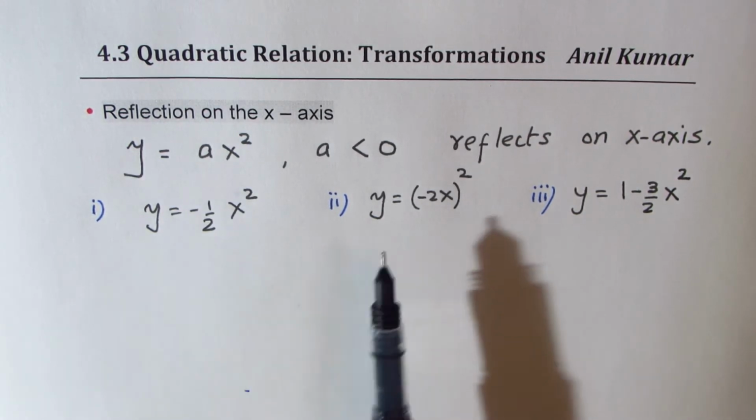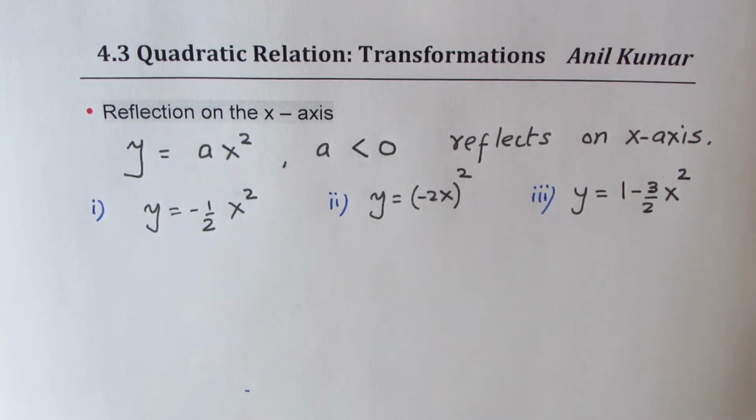Now we have these 3 relations, all quadratic relations. What do you notice about their graphs? Will they all be reflected on the x-axis?